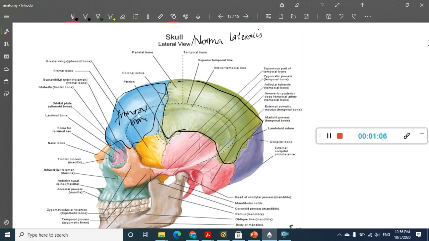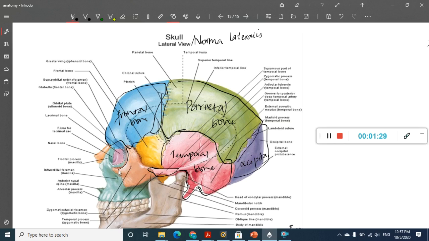Sorry, I'm really sorry. This is the frontal bone, and this is the parietal bone. This bone which you are seeing here is the temporal bone. And this bone which you are seeing at the back is the occipital bone, right?